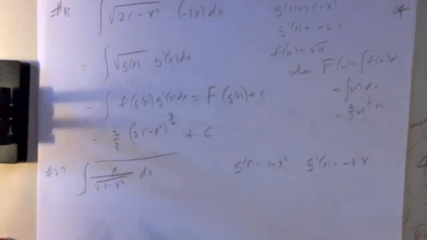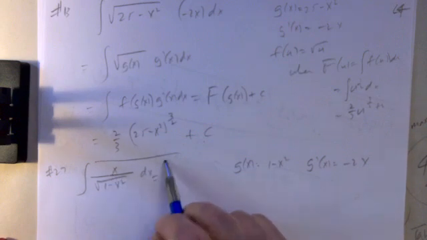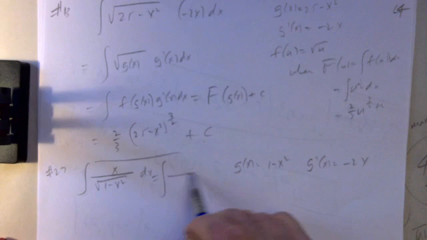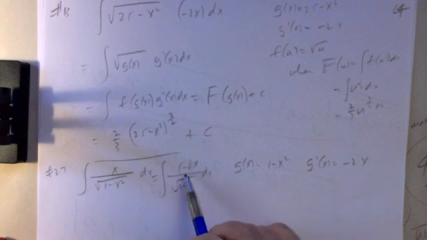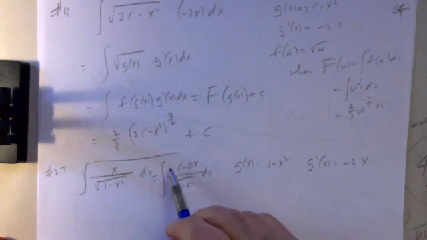Of course, you have a problem. You don't have minus 2x, you just have x. This would be better if this were minus 2x over the square root of 1 minus x squared. But the only way you can multiply x by minus 2 is if you also divide by minus 2. Because then it's just 1.